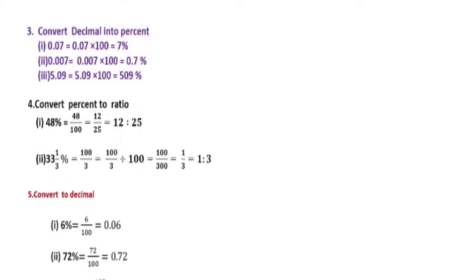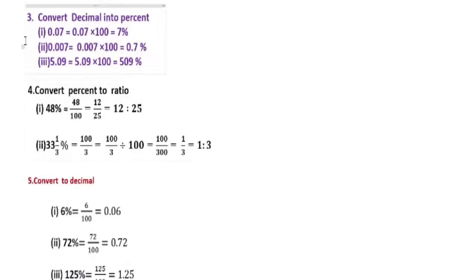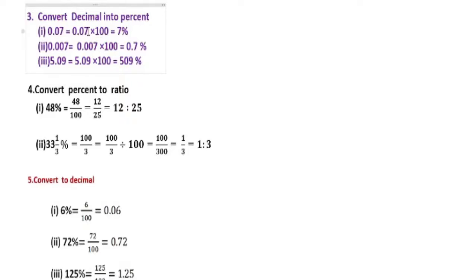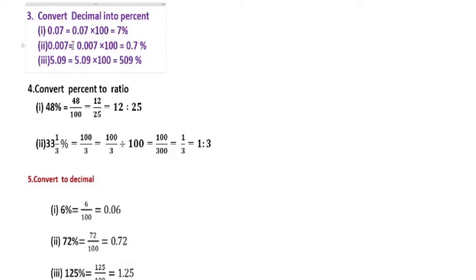Now next one, convert decimal into percent. Decimal number into percent. Here the first one is 0.07. For converting a decimal into percent, we multiply by 100, that is 0.07 into 100, that is equal to 7, that is 7%. Second one, 0.007.